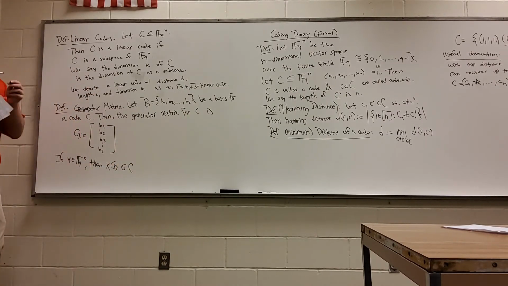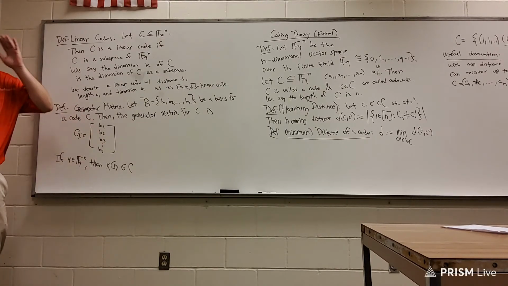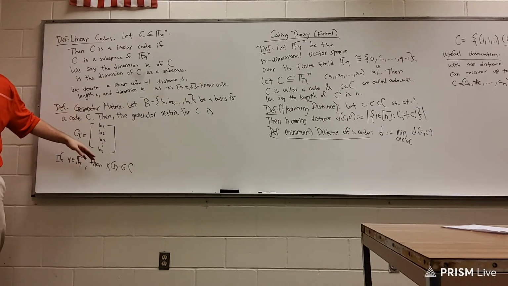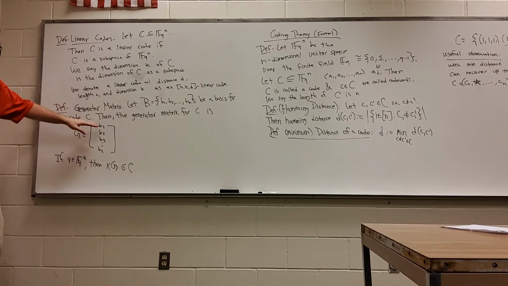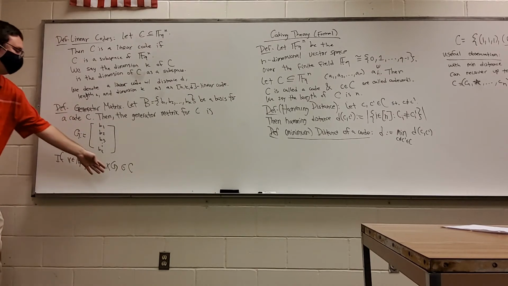So the reason being, when you multiply something on the right, that will be a linear combination of rows. And any linear combination of these rows, because they're a basis, will be some code word.